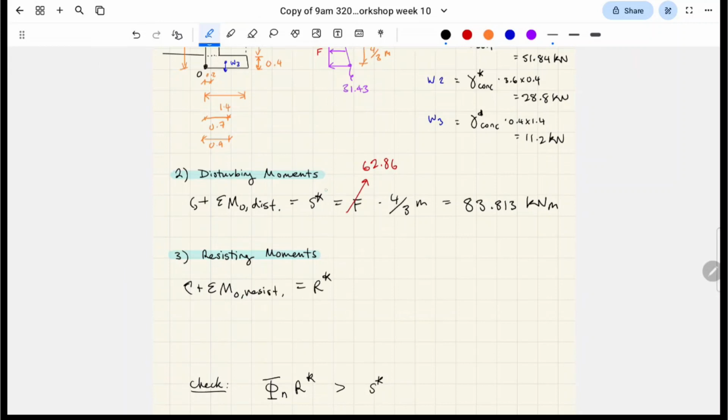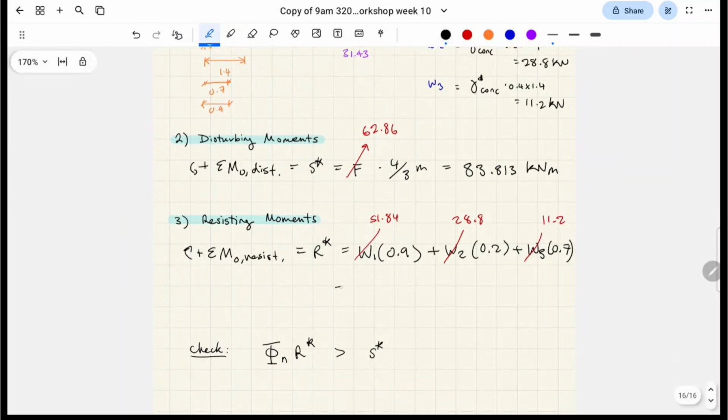We call that R star and S star. These are terms specific to the Australian code. This is the partial factor of safety method. W1, 51.84, W2, 28.8, W3, 11.2, giving us 60.256 kilonewton meters.